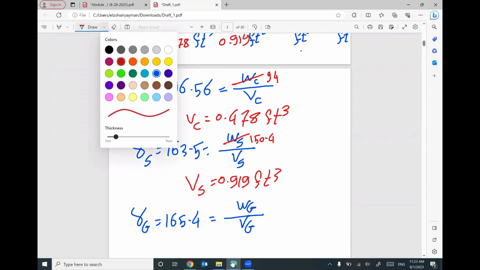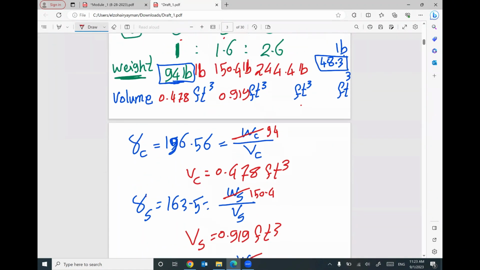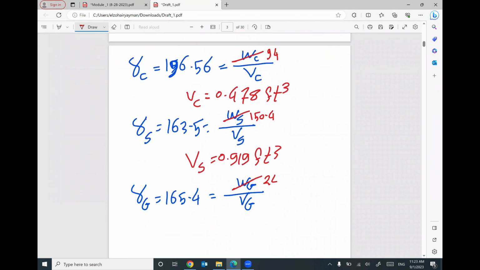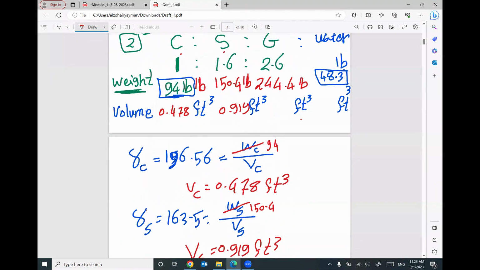From this ratio, with the weight of gravel 244.4, I get 1.477 cubic feet. Okay, keep going.